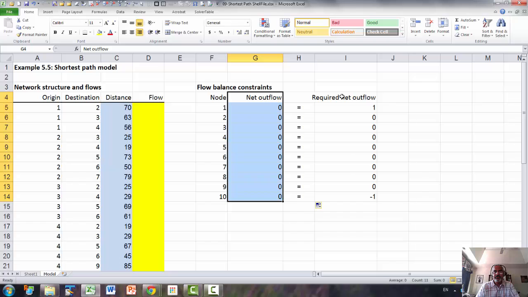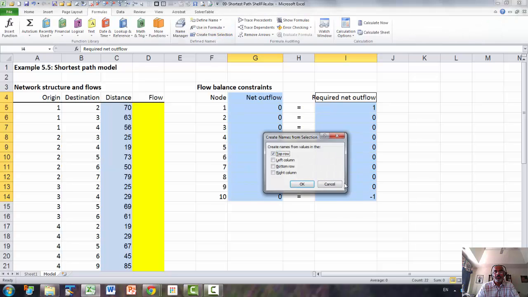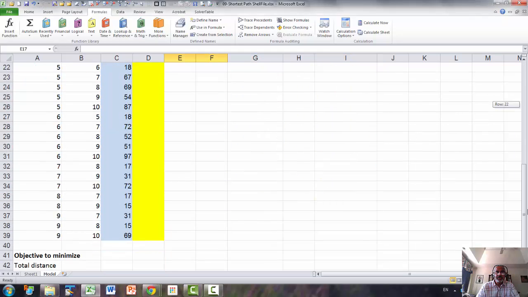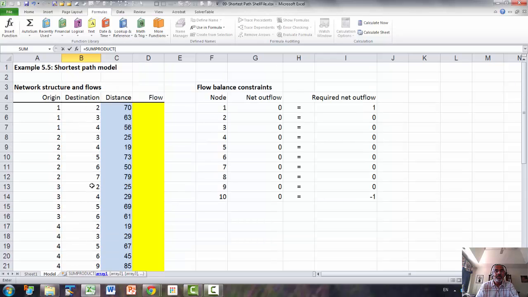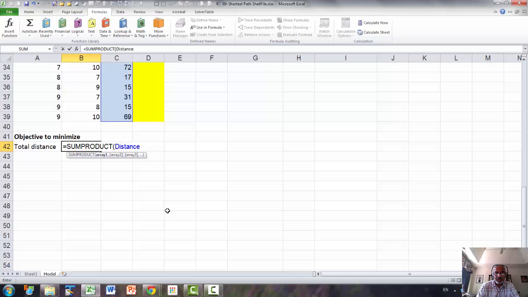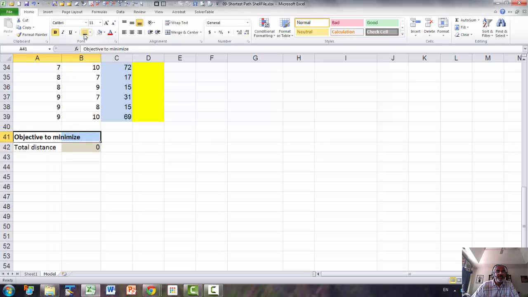Let's give names for these two. Now let's set up the objective function, which is the total distance. It's a sum product of these two, distance and flow. And that's our objective to maximize.